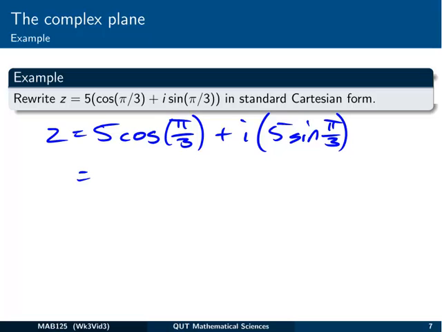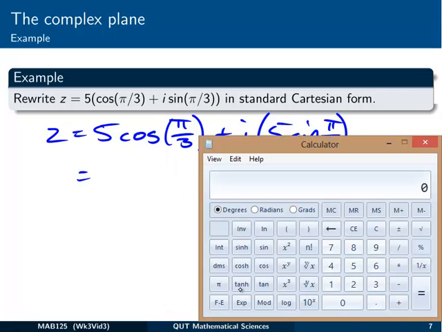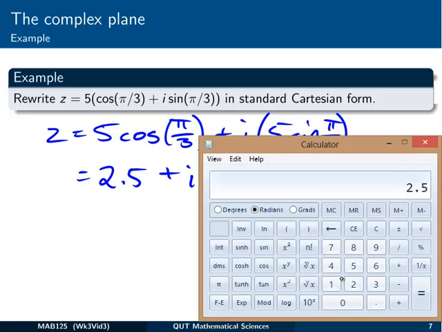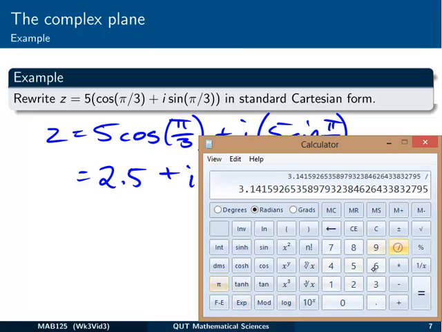So jumping to my calculator, I want to do pi divided by 3, and then I want to make sure I'm in radians. Take the cosine of that, gives me 0.5, multiply by 5, and I get 2.5. And then I've got plus something times i, that's going to be sine of pi on 3, so I need, again, pi divided by 3, and then I want the sine of that, and then I want to multiply by 5.